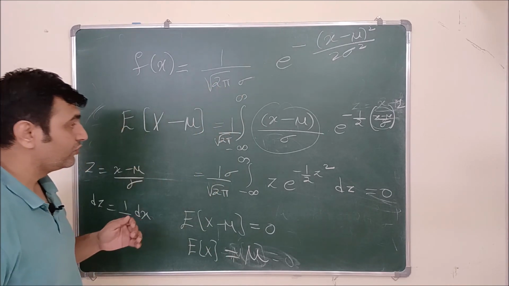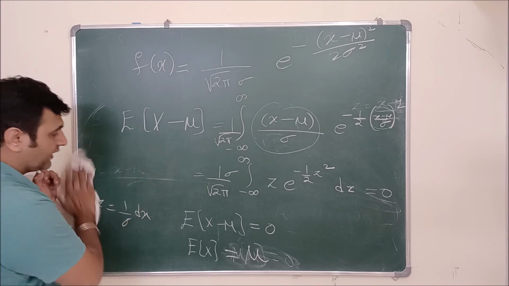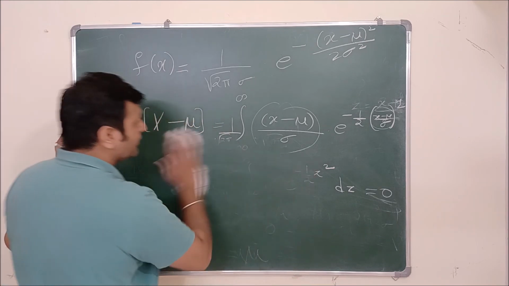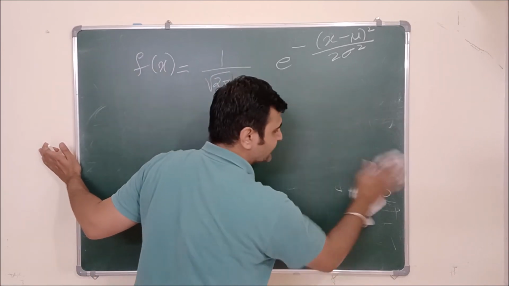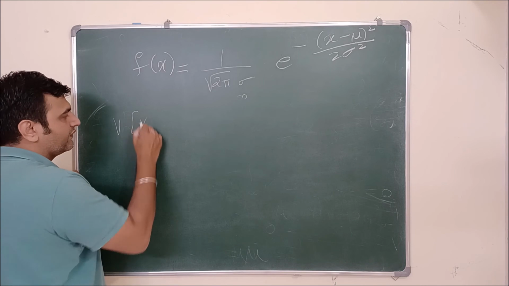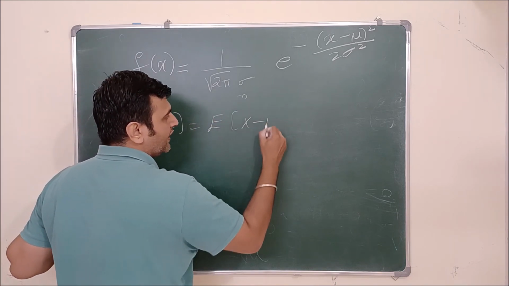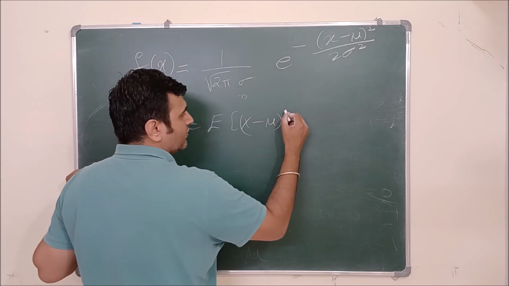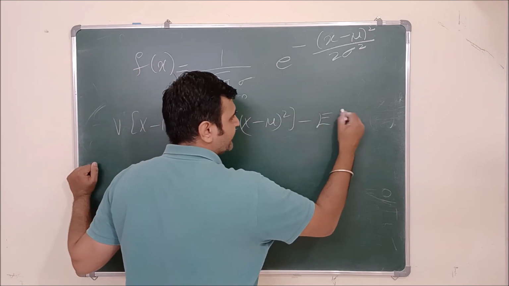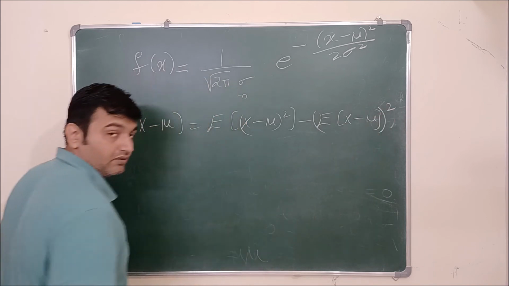Okay, and now you want to find the variance. Now how do you find the variance for this case? Again the same formula that we used for the earlier case. What was the formula? So again you find the variance of x minus mu. So what is this? This is the expectation of (x minus mu) the whole square minus (expectation of x minus mu) the whole square.